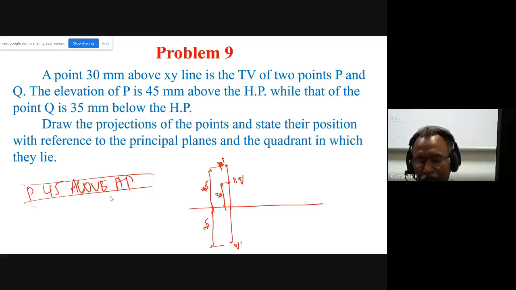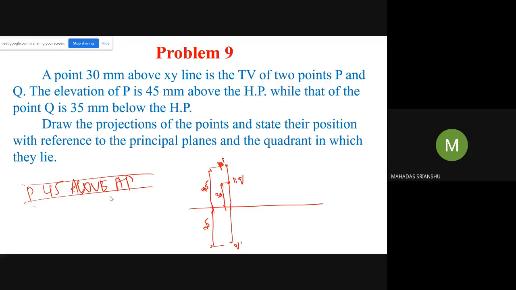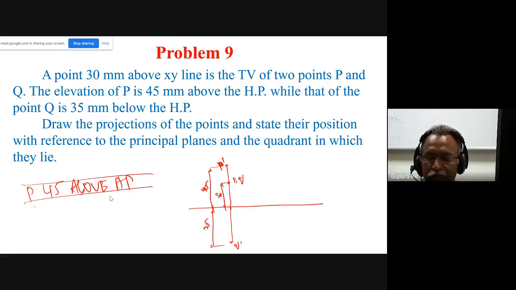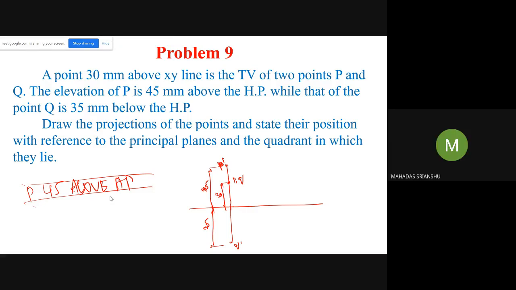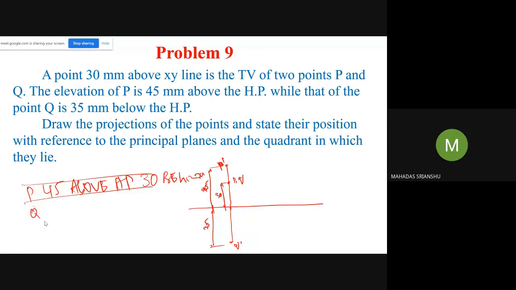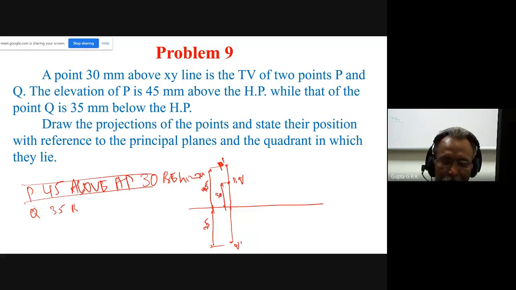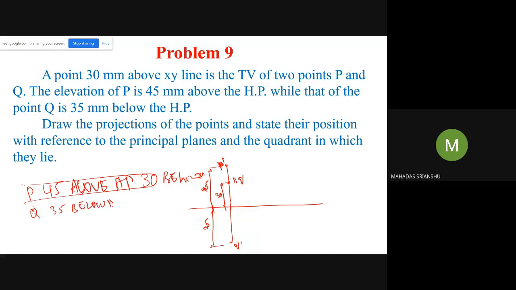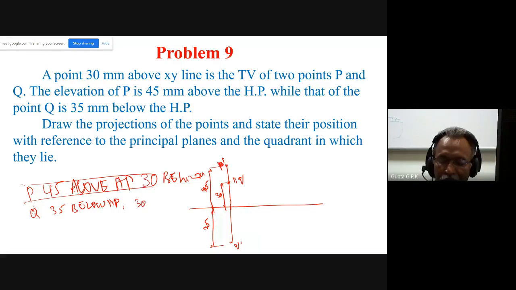And with respect to VP, P is 30 behind VP. And Q is 35 below HP and 30 behind VP.